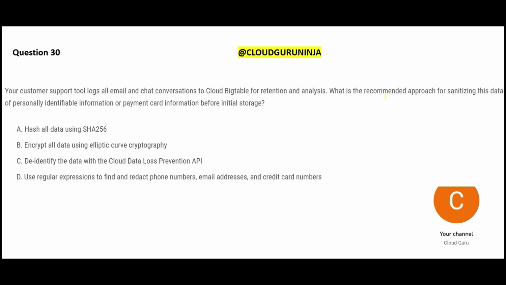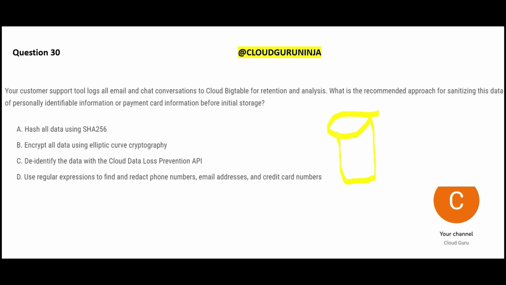See, in this question, you have a cloud victim, for example, this, and inside this, you are putting your emails, chat conversations. So it might happen, you might in the chat discuss, okay, this is my account number and this is my social security number and so on.